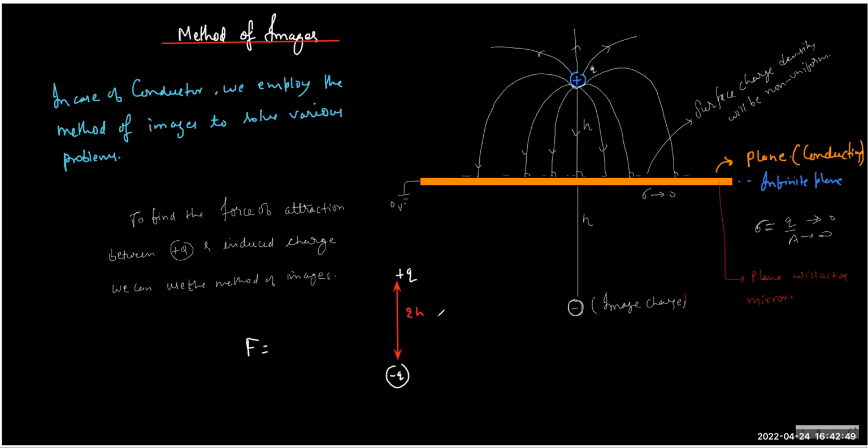So the force that you will calculate between these two charges will be the force between the conductor and the actual charge. And the answer is pretty simple. Kq square by how much? h whole square. Actually it is Kq square by (2h) whole square. So the answer is easy to remember.